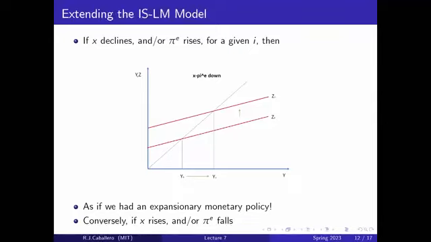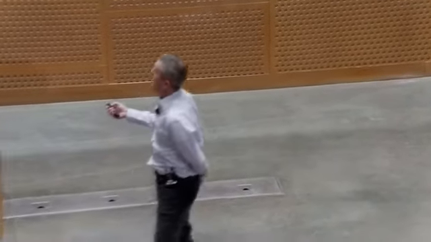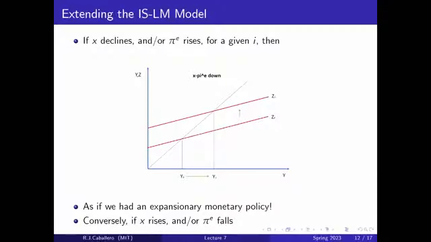Now, what I'm showing you here is what happens in lecture 3 if the credit spread comes down or expected inflation rises for any given nominal interest rate. Then that shifts the ZZ curve up. Why is that? And if aggregate demand goes up, then the multiplier kicks in, and we end up with an expansion in output.